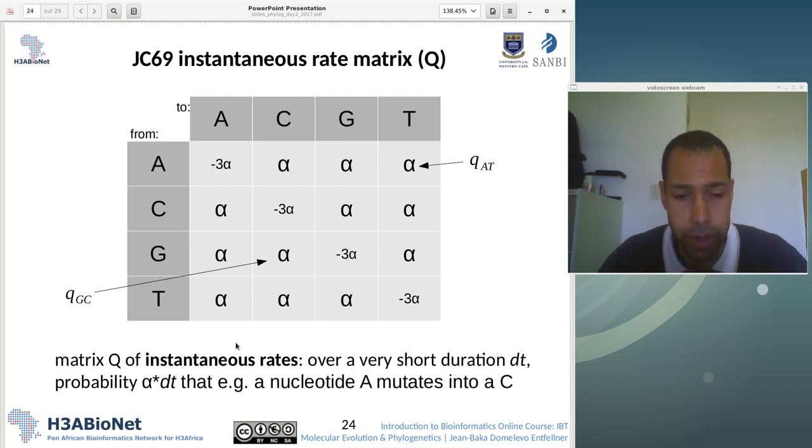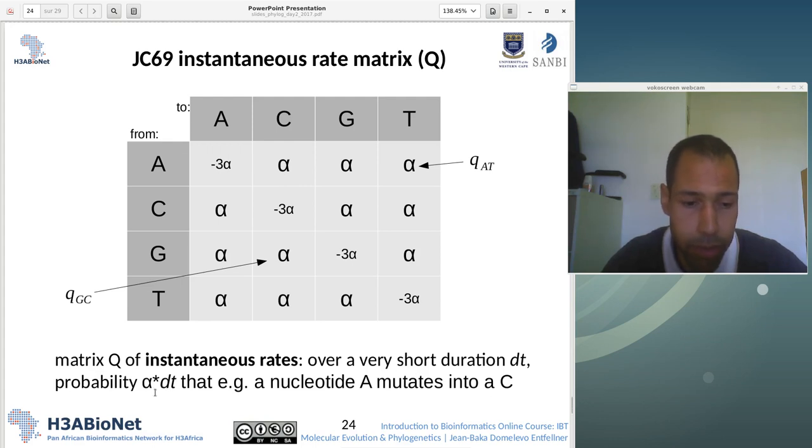What does it mean to talk about instantaneous rates? The model assumes that over a very short duration, dt, a very short amount of time, the probability that a nucleotide, for instance A, mutates into a C is this instantaneous rate times the amount of time.